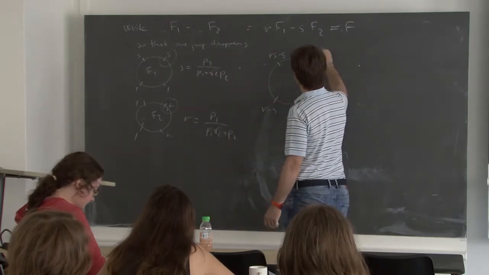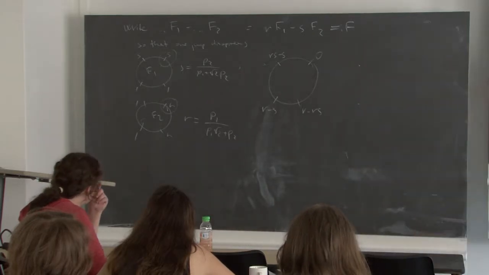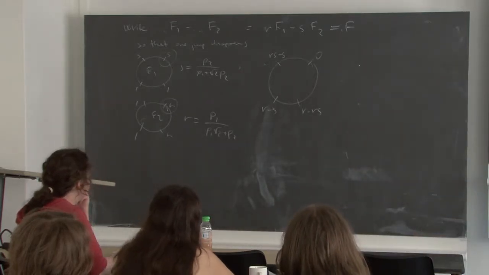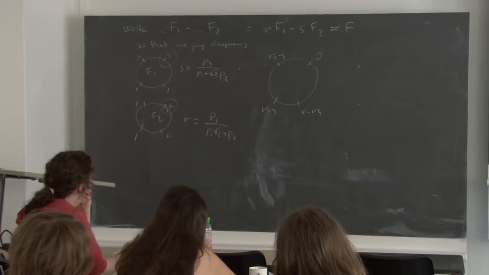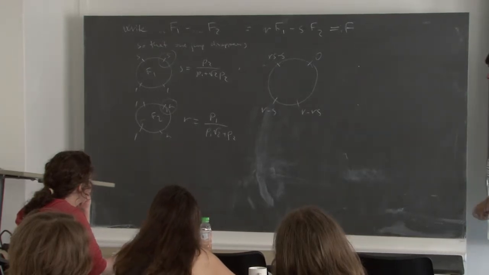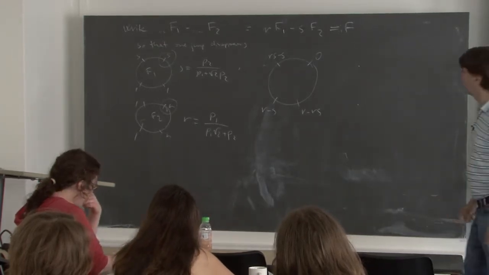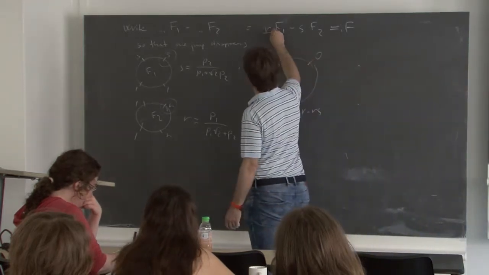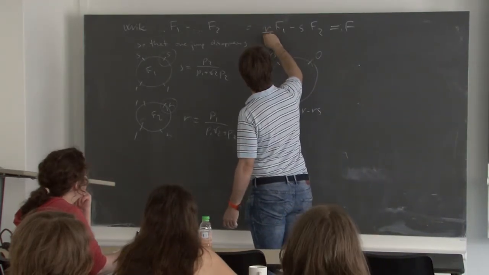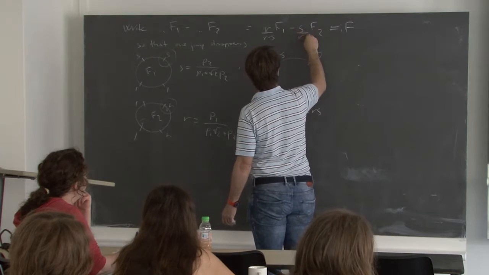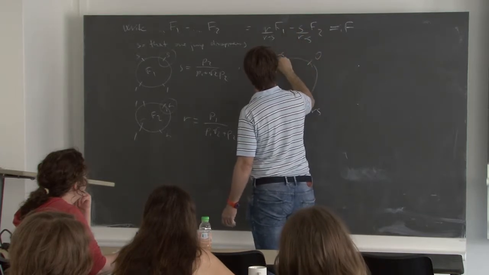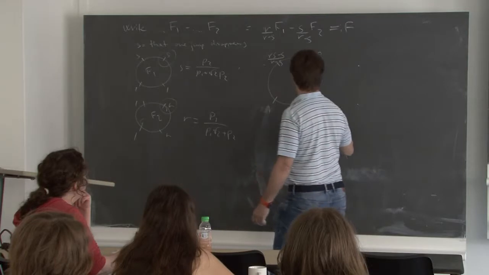And here it will have jump 0. Yeah, and better yet, you divide it by R minus S, because then one of the jumps will be equal to 1.